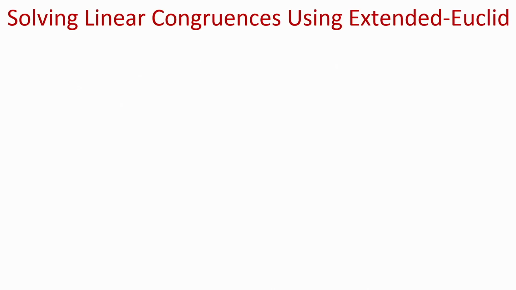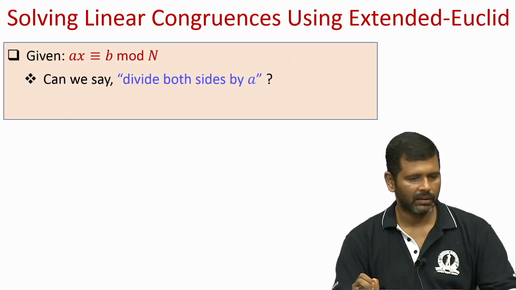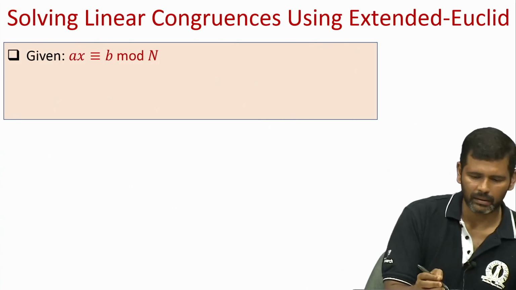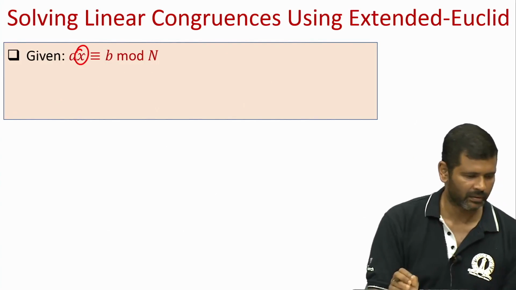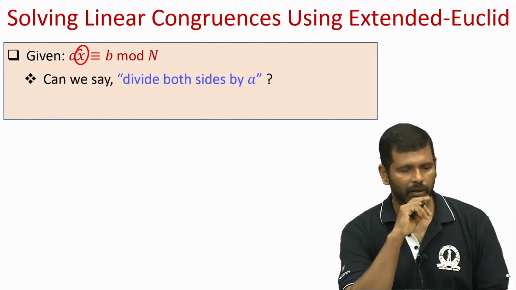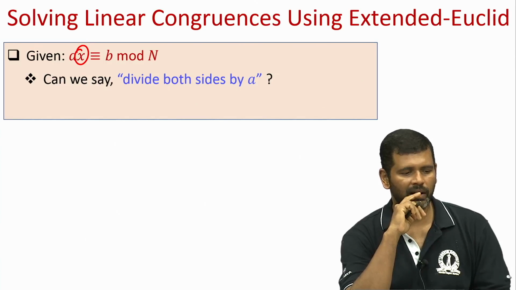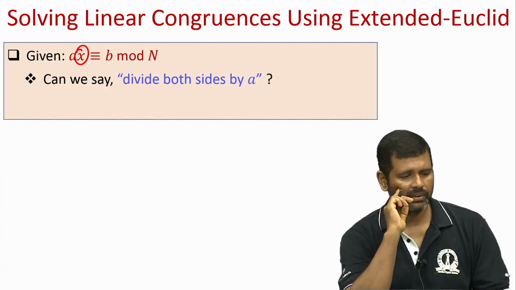So, now let us see how we can solve linear congruences using extended Euclid's algorithm. That is our method number 1. So, you are given a, b and n, and the goal is to find out this unknown x. Now, as we did for our equation in regular algebra where we said that divide both the sides by a provided a is not 0, the question is, can we do something similar in the modular world as well?